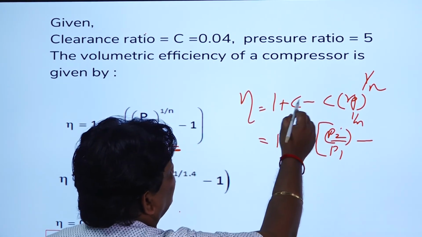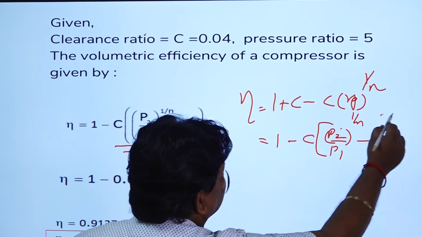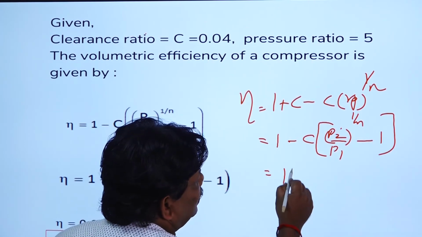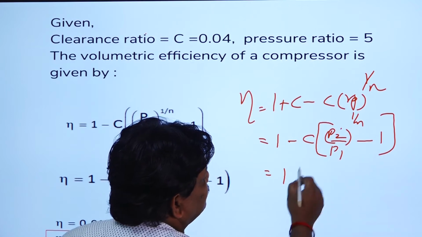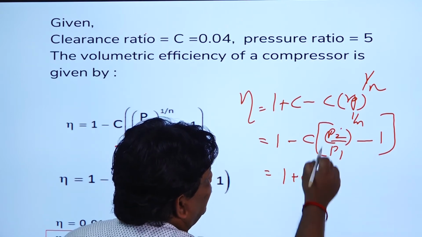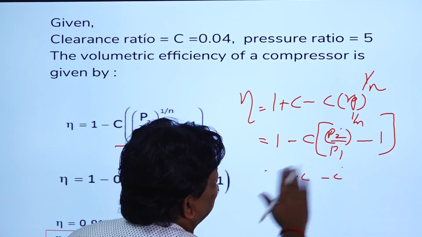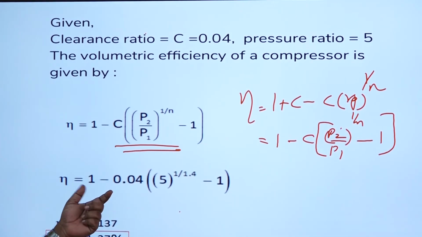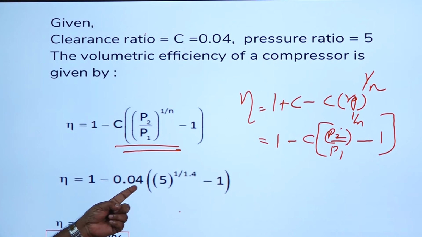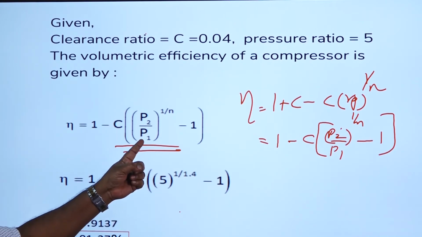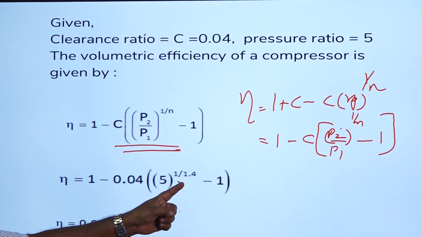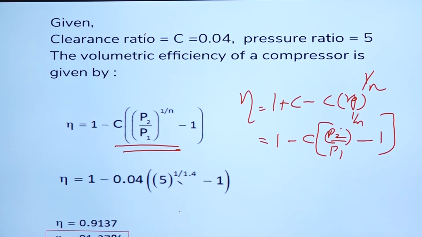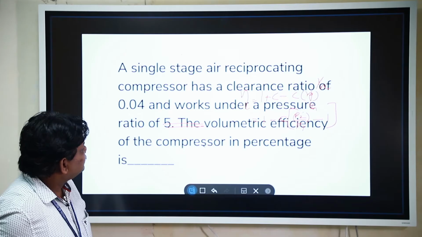So you have 1 plus C, so minus C into Rp whole power 1 by N minus 1, and this is simplified like this. So 1 minus 0.04 into 5 to the power 1 by 1.4, minus 1, that is 91.37 percentage.